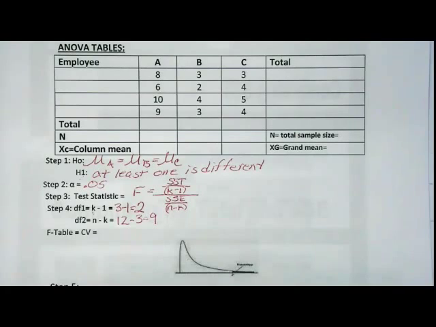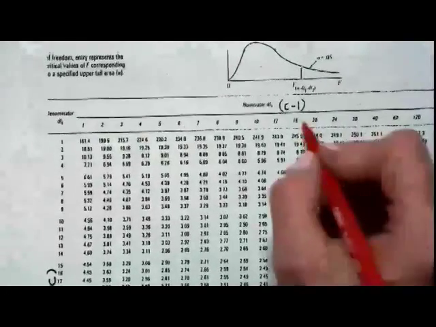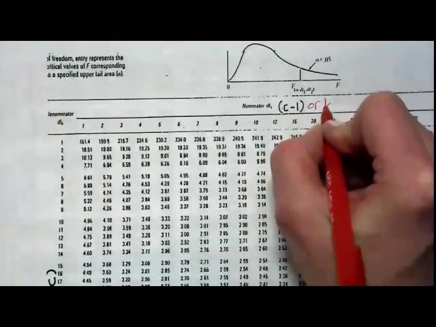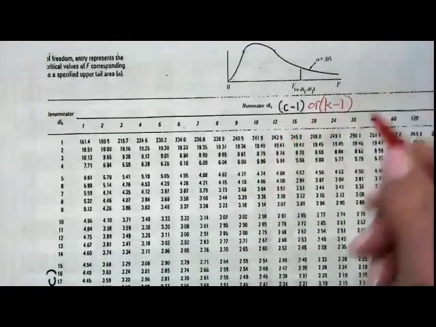So let's look up our critical value in our F table. Now in our F table, instead of using numerator and denominator, this is an old one, this is C minus 1, or it's K minus 1.